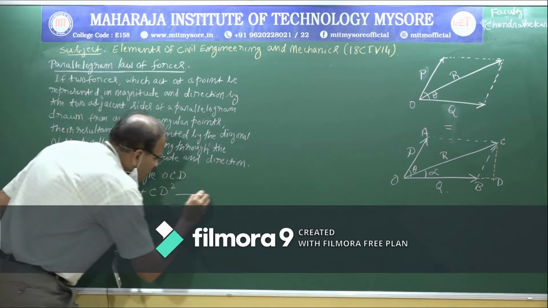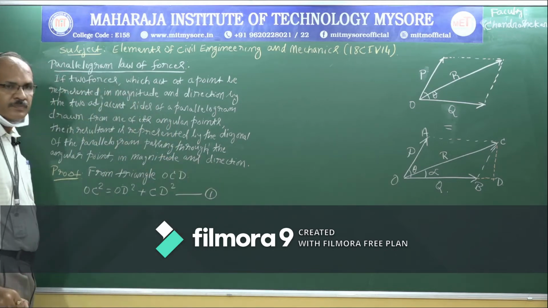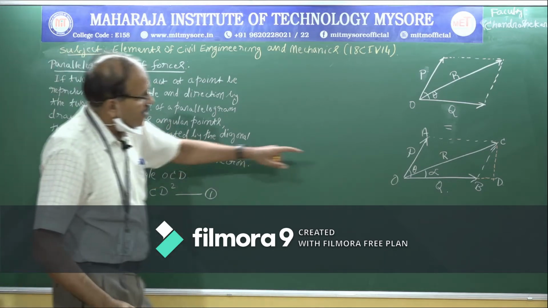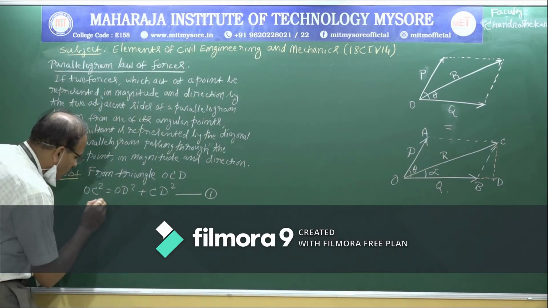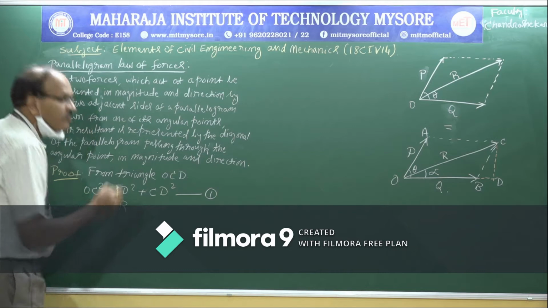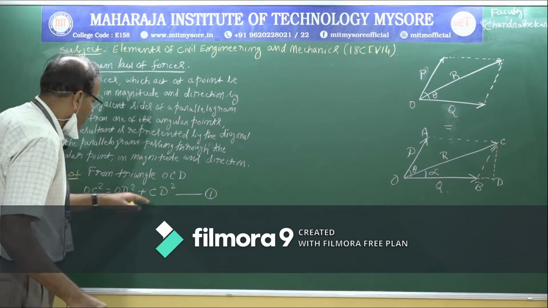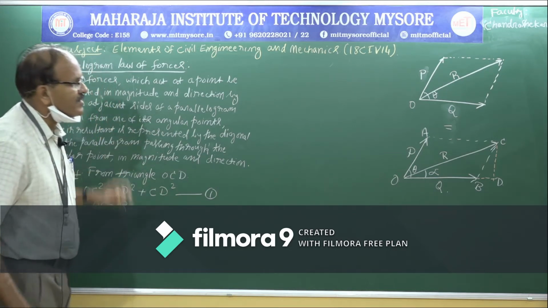I am going to call this equation 1. So what is OC? OC is basically R, that is the resultant, that is OC equal to R. Then what is OD and what is CD?